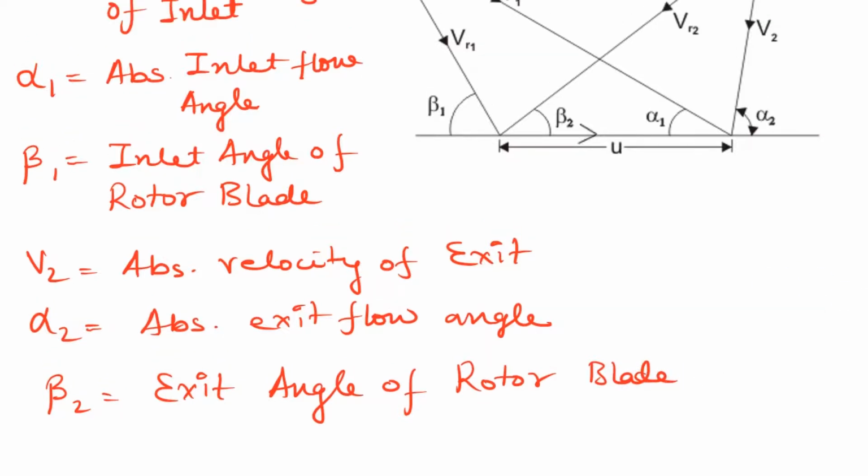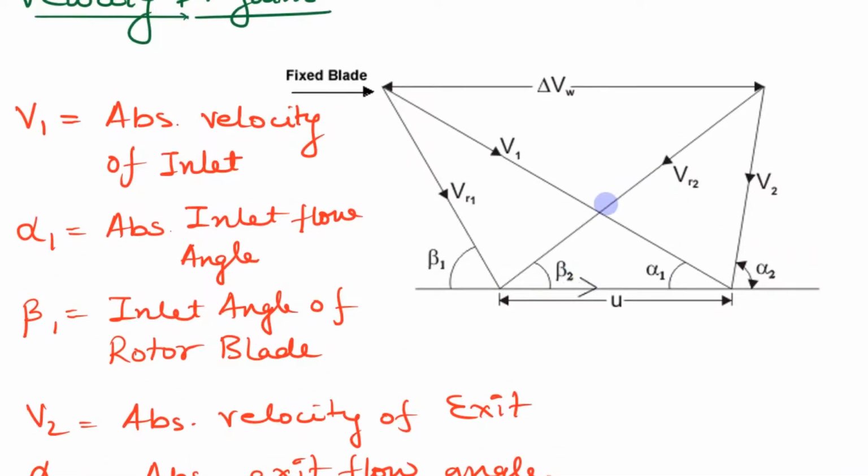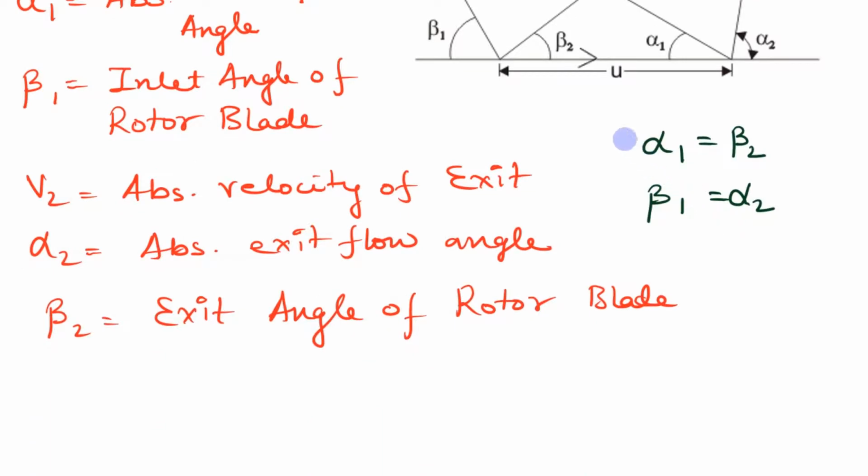So for a Parsons turbine or 50% reaction stage, this velocity triangle is symmetric. So from here we can write alpha 1 is equal to beta 2 and beta 1 is equal to alpha 2. That also means we can write V1, the absolute velocity of inlet, is equal to the exit relative velocity VR2.